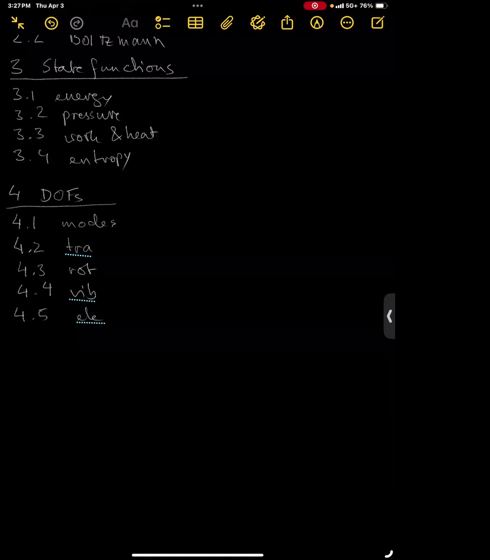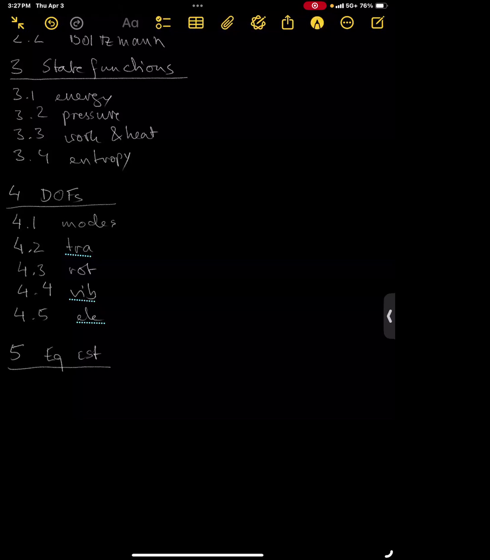And then is the last chapter. We discussed the application and interpretation of these partition functions in the context of the equilibrium constant and the free energy of reaction.